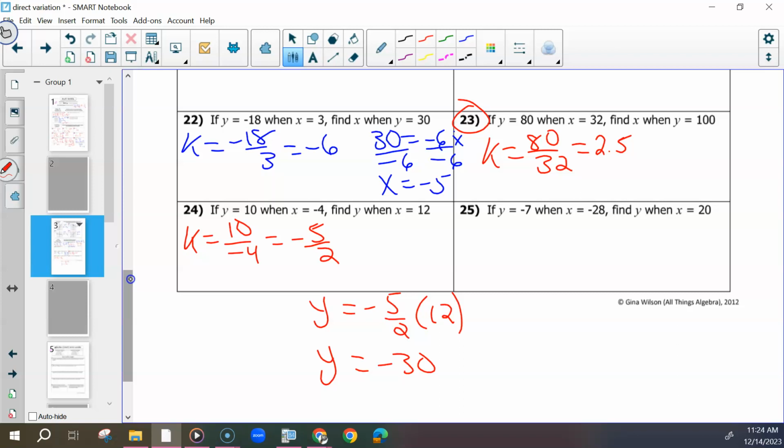And then how would we set this up? 100 equals 2.5x. Divide both sides by 2.5.